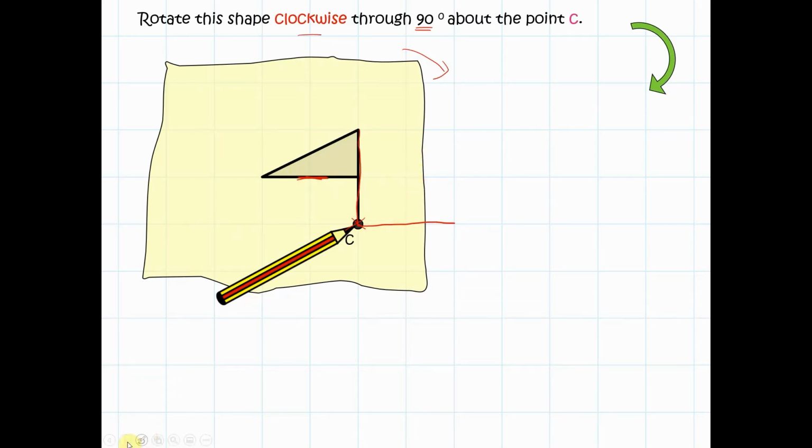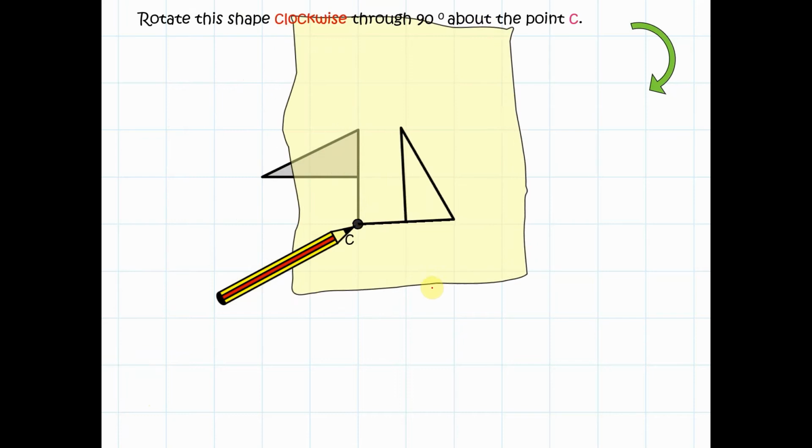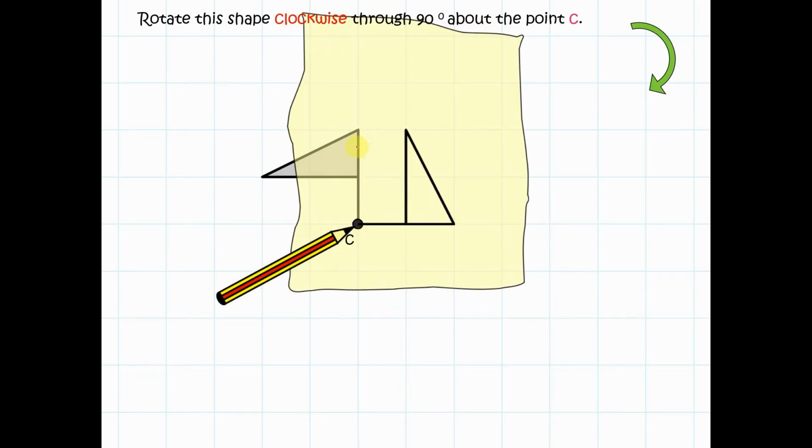So let's turn this translucent paper slowly, and as I told you, this vertical line is now horizontal. So we know that we have turned it 90 degrees. And then we can draw the shape again, like this.